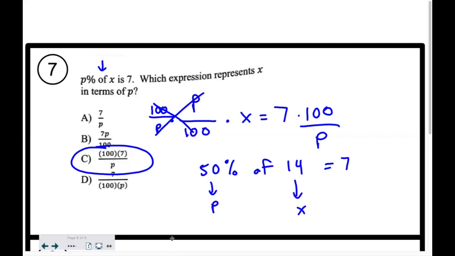And if it wants X in terms of P, then the answer that would give us 14 using P as 50 would be the answer. And C would be 100 times 7, which is 700, divided by 50. That does give you 14. All right. So you can do it another way, if the mathematical way that we talked about is confusing at all.